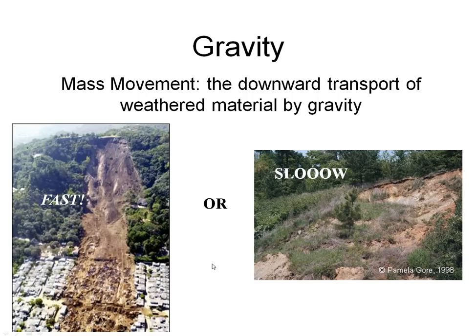Finally, we have gravity. Gravity is mass movement, large downward transport of weathered material, and it can either be fast, like in this mud flow that unfortunately killed many people in El Salvador. It was triggered by an earthquake and happened within minutes. Or it can be slow, over the course of many years, a piece of land sliding down.